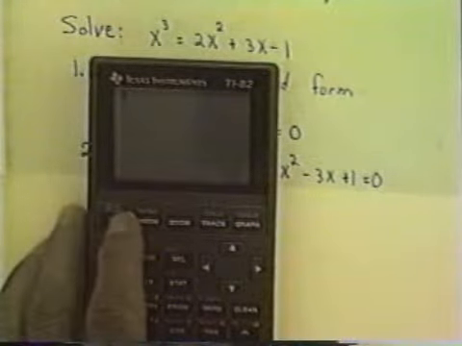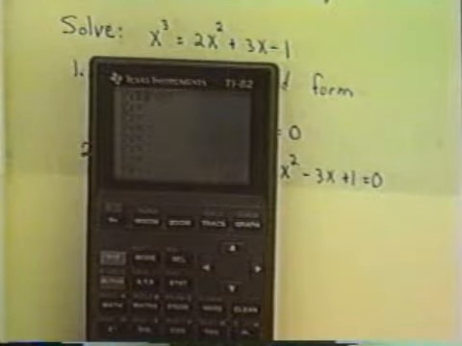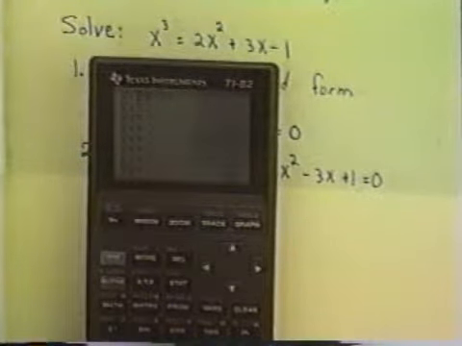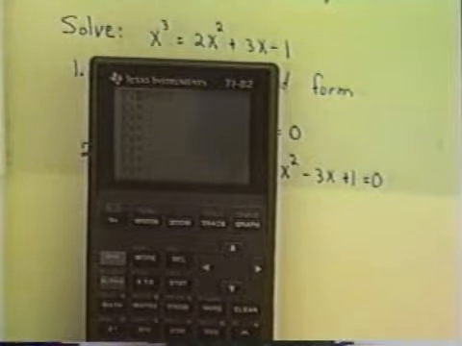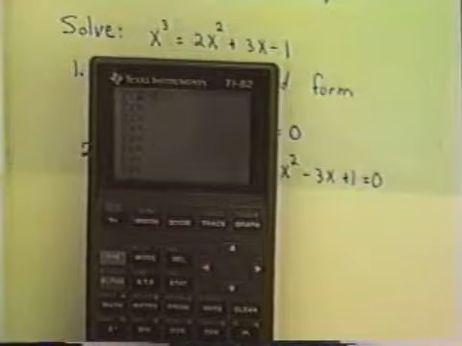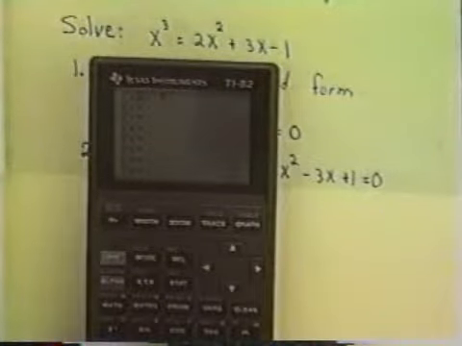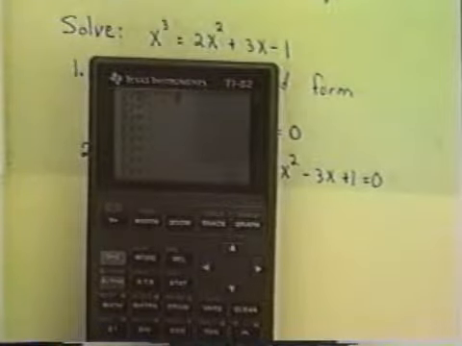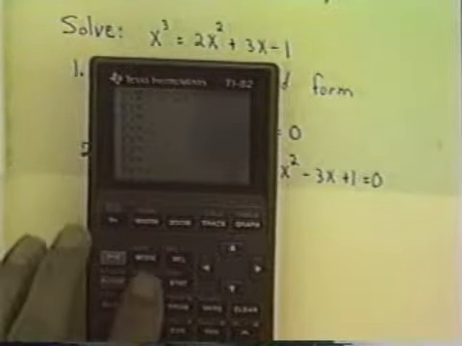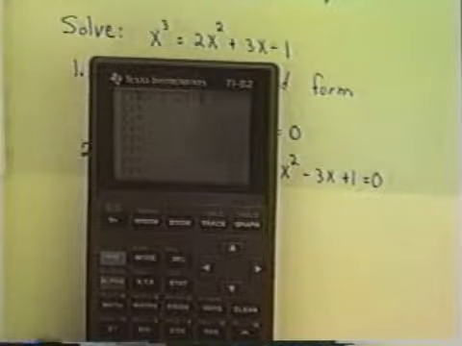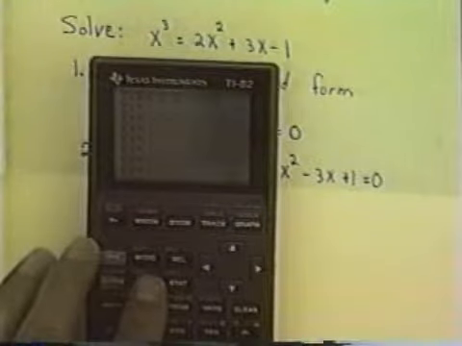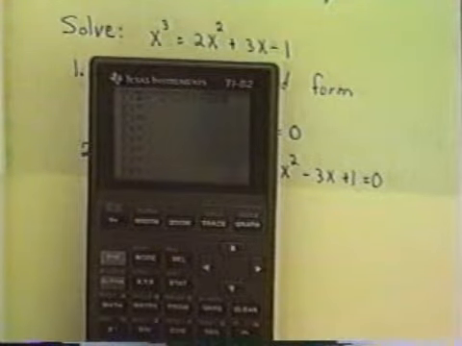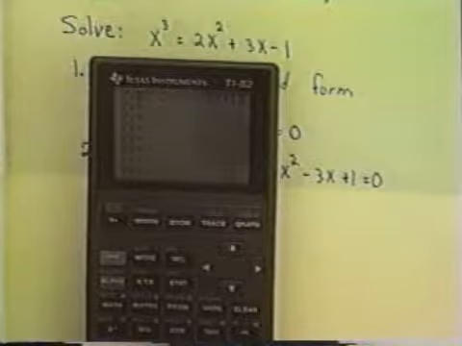I need to hit my y equals, and put in my function, which is x, remember you hit the x button here, raised to the third power, so it would be x cubed, minus 2x squared, minus 3x, plus 1.